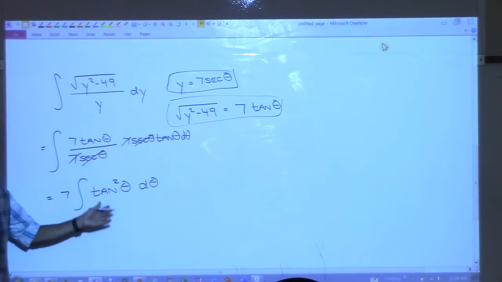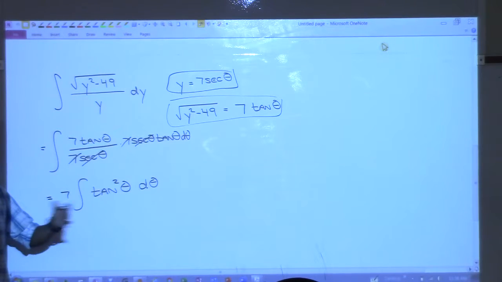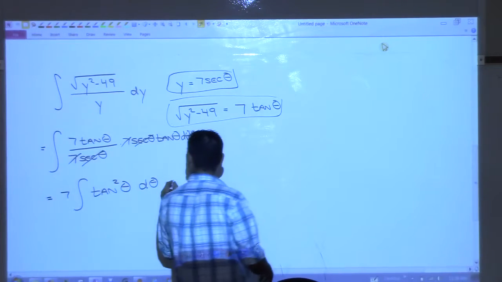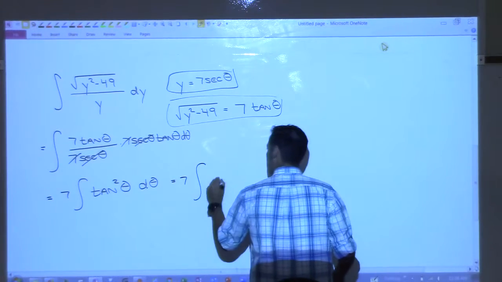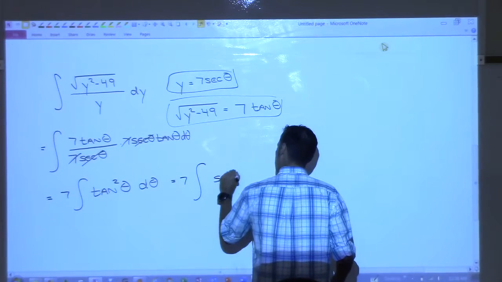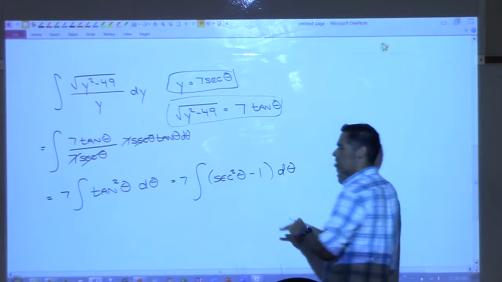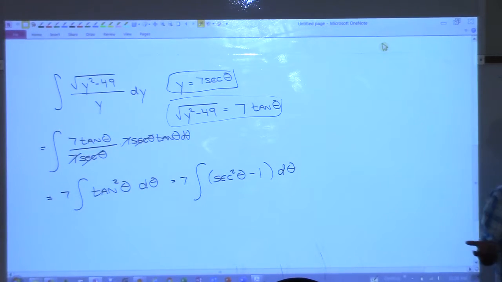Tangent squared, just the Pythagorean identity. Tangent squared is the same as secant squared theta minus 1, right? So I could do 7 integral of secant squared theta minus 1. That's tangent squared, so I haven't done anything other than use a formula.